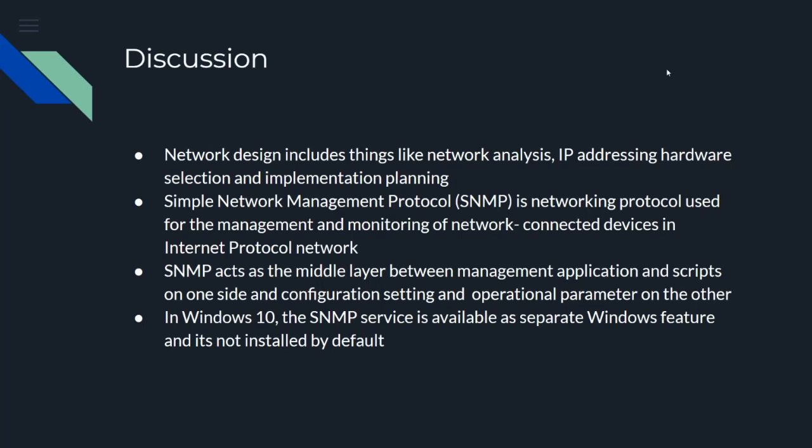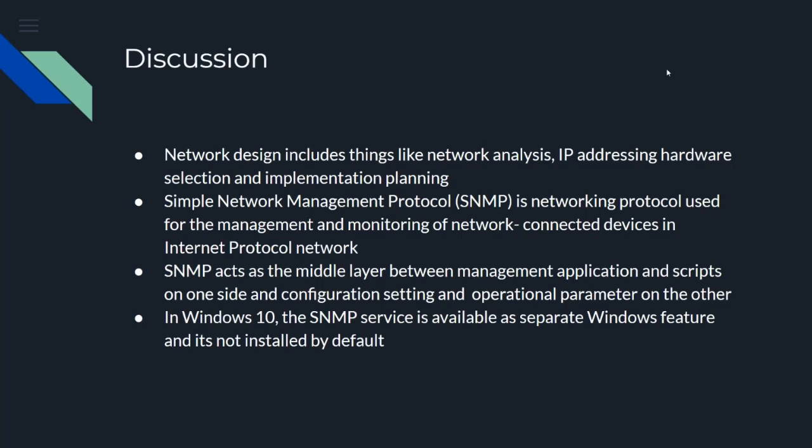So network design includes things like network analysis, IP addressing, hardware selection, and implementation planning. In a simple network like a small office, the design is a straightforward process. But in a large enterprise, the design process is often very complex and involves multiple stakeholders.